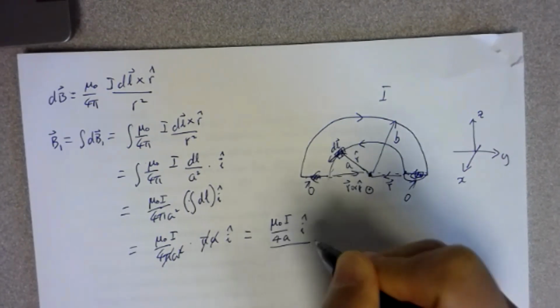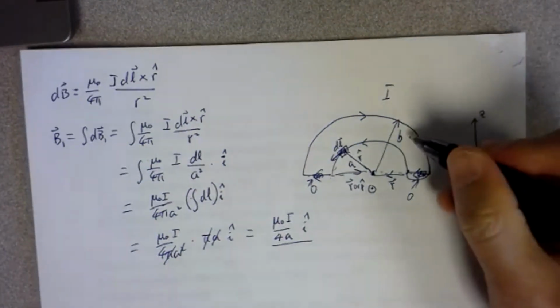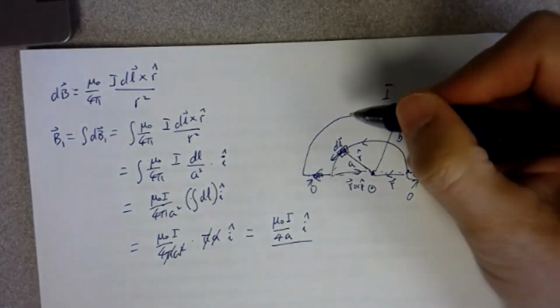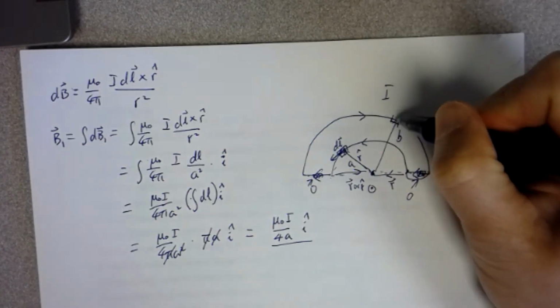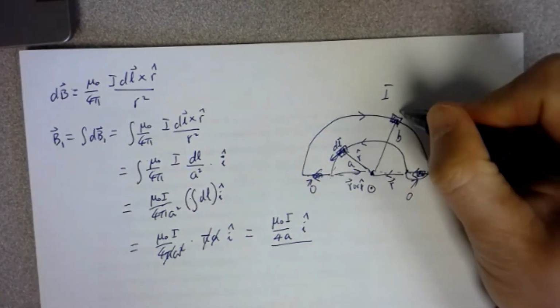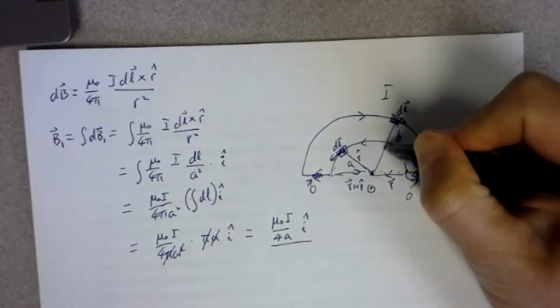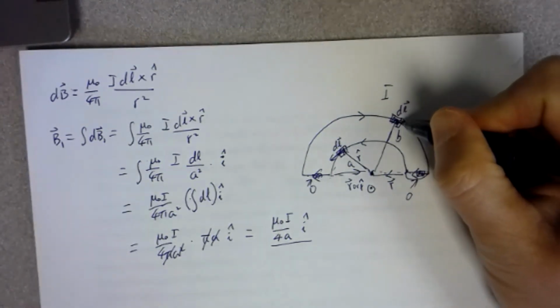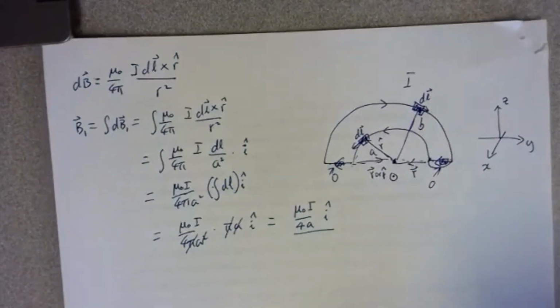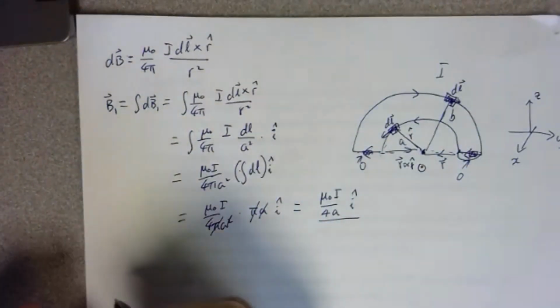Now for the outer semicircle, we take again a small dl over here. It could be anywhere, so it doesn't really matter. This dl is in this direction, and this is the r direction, so again that's 90 degrees. We call it B2.